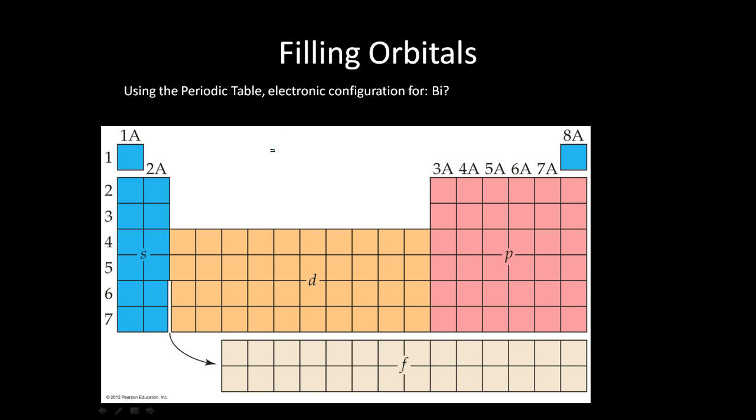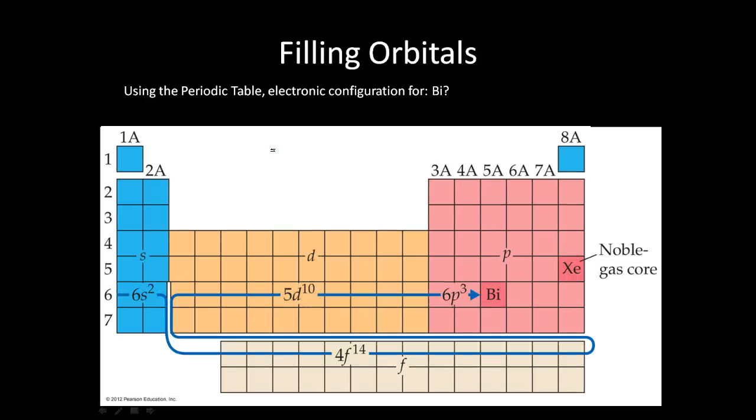So to use the periodic table to write the electron configuration for bismuth, well, we go down here. Bismuth is right here. We would say xenon is the noble gas core, so we put in the abbreviated electron configuration for xenon. So that's just xenon, in brackets.